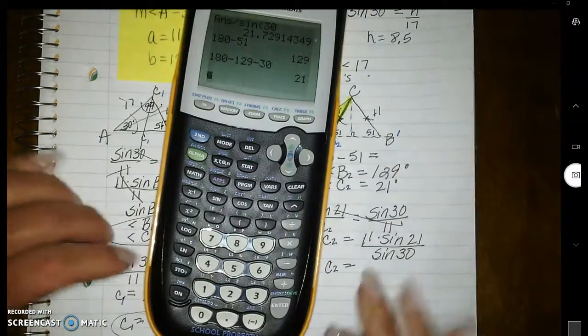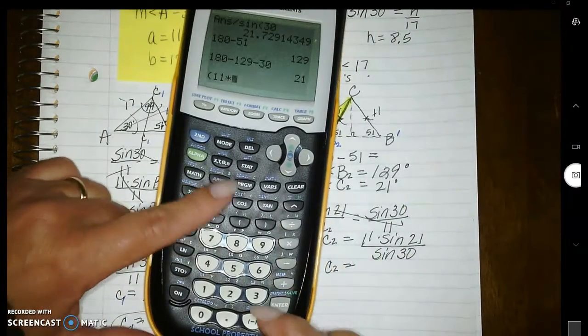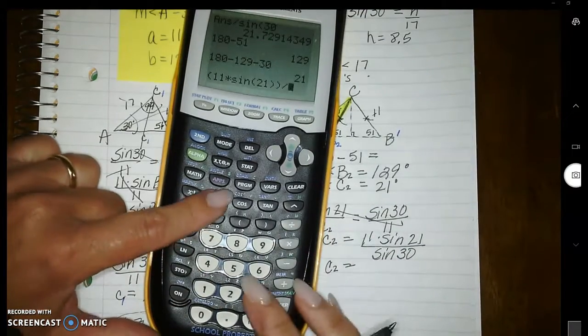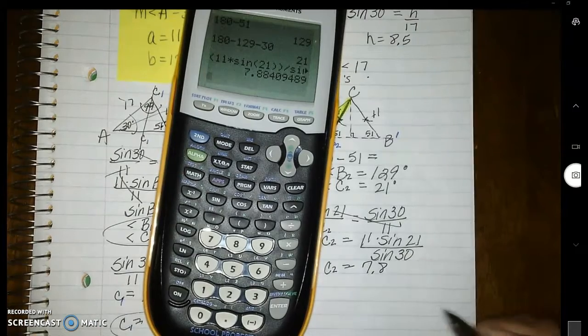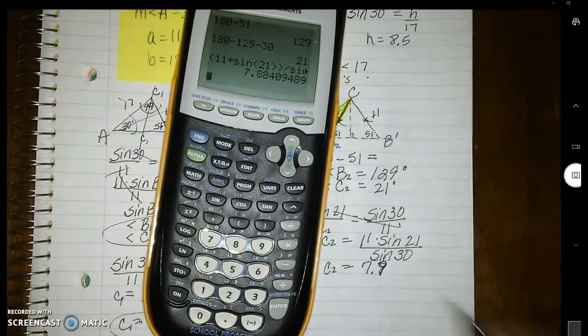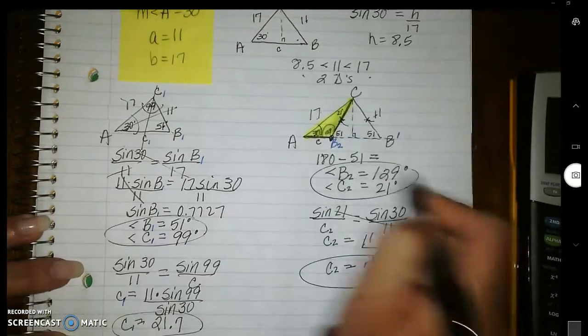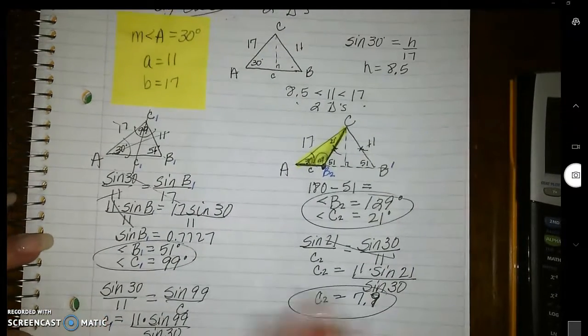And so let's type all that in. 11 times the sine of 21 divided by the sine of 30. And you get 7.8 or 7.9 if we round. I hope that makes a little bit of sense, but you get those two different triangles.